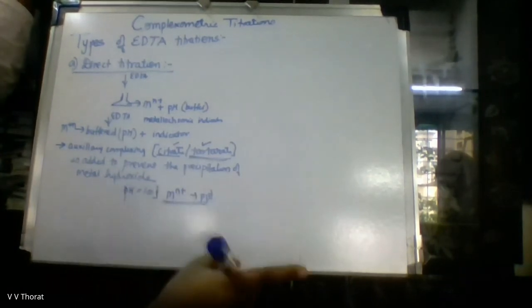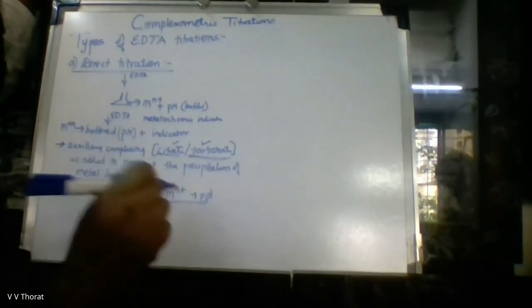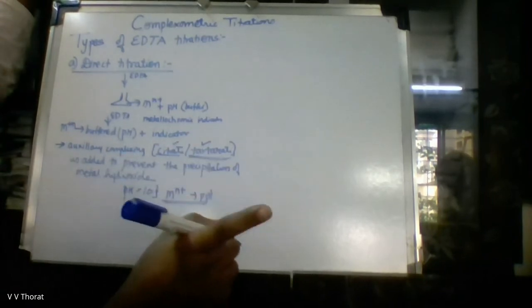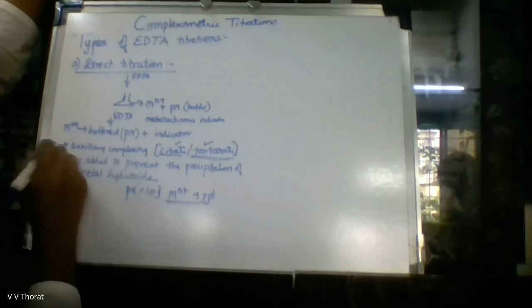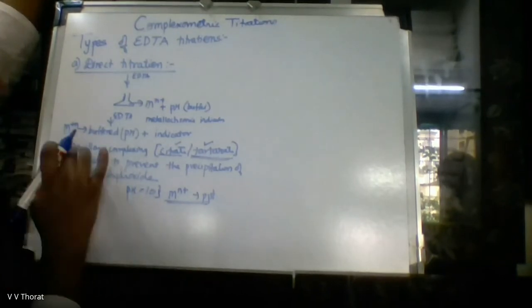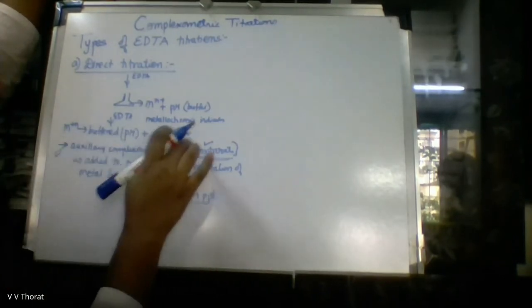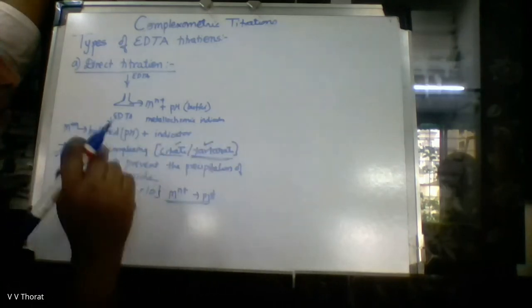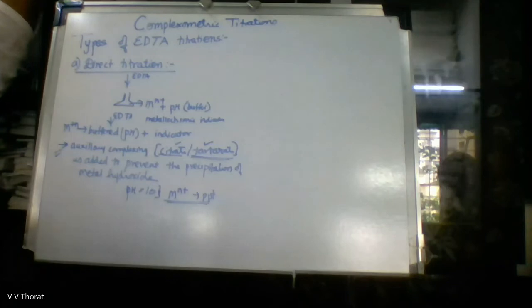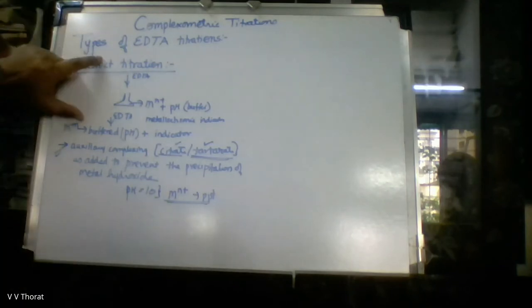Whatever you learn in undergraduate, you will use the basic concept in your main research. Okay. So, this line is also very, very important. Auxiliary complexing agents such as citrate or tartarate is added to prevent the precipitation of metal hydroxide. So, if I ask you direct titration, it is simple.